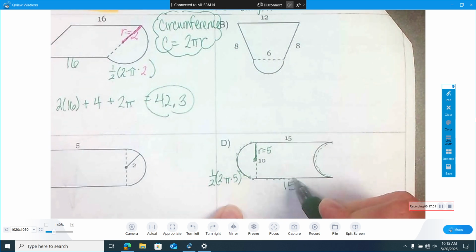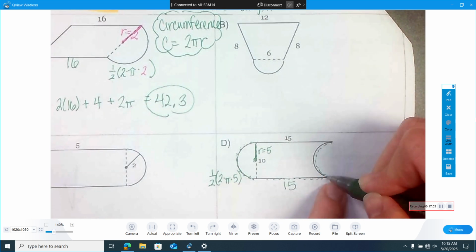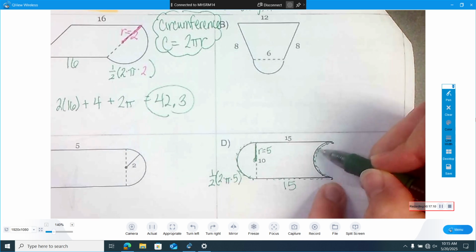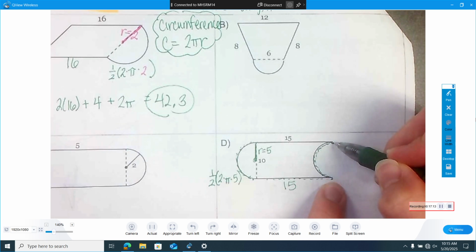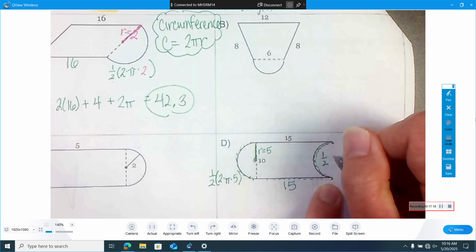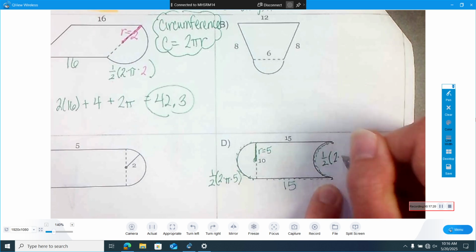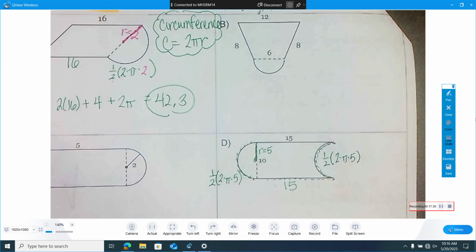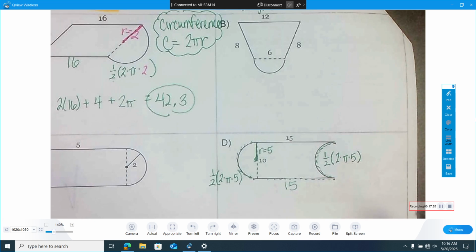And then I'm going to walk 15 feet. And then I have to traverse what? More circumference, right? Okay, so I'm still walking the edge of my circle. I need another half of the circumference, which again is half of 2 times pi times r. All right, so again, we're talking about walking the distance, traveling that edge of the circle, so we have to be using circumference.